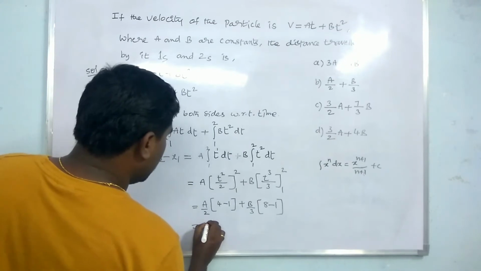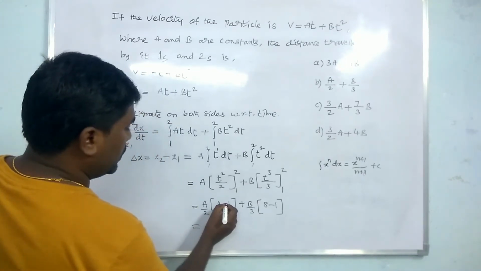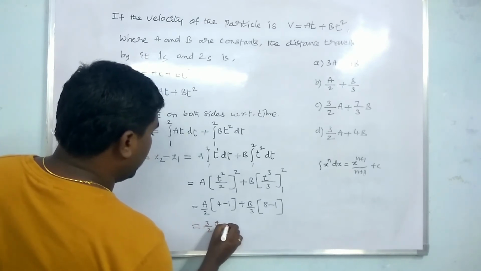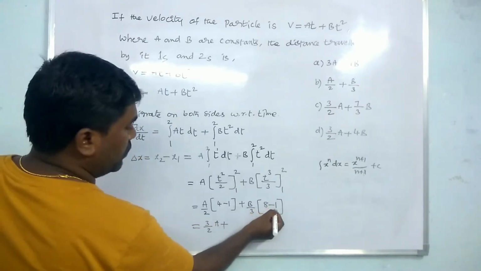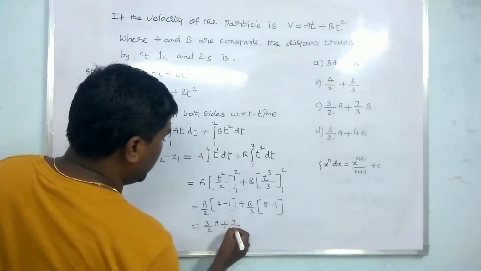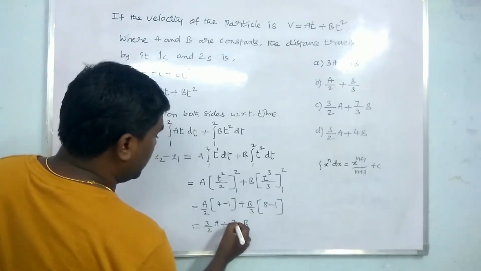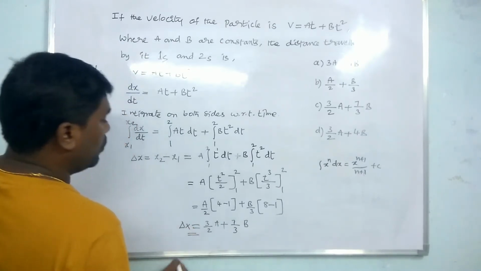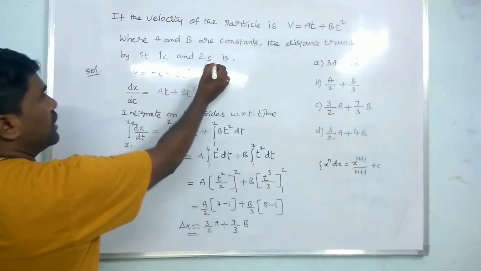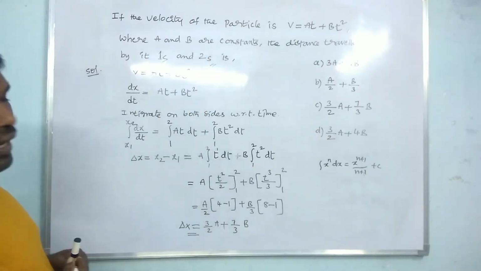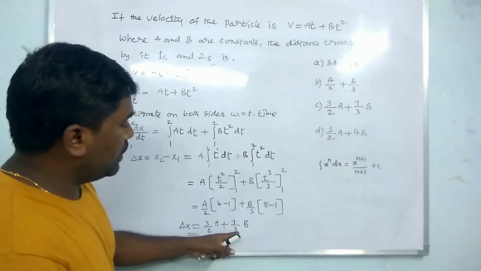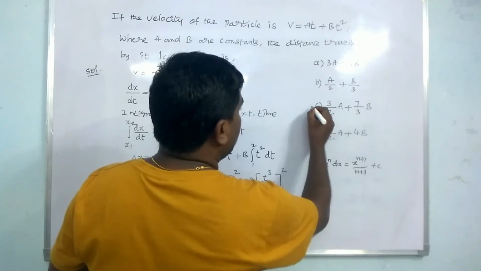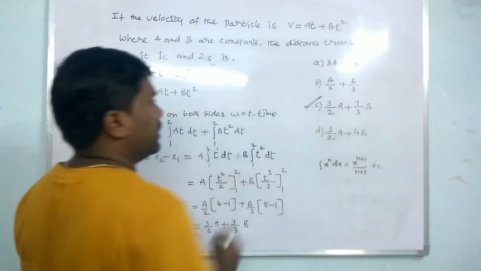So 4 minus 1 is 3, giving 3 by 2 a, plus 8 minus 1 is 7, giving 7 by 3 b. This is the delta x, the distance traveled by the particle between 1 and 2 seconds: 3 by 2 a plus 7 by 3 b. So this is the right option.